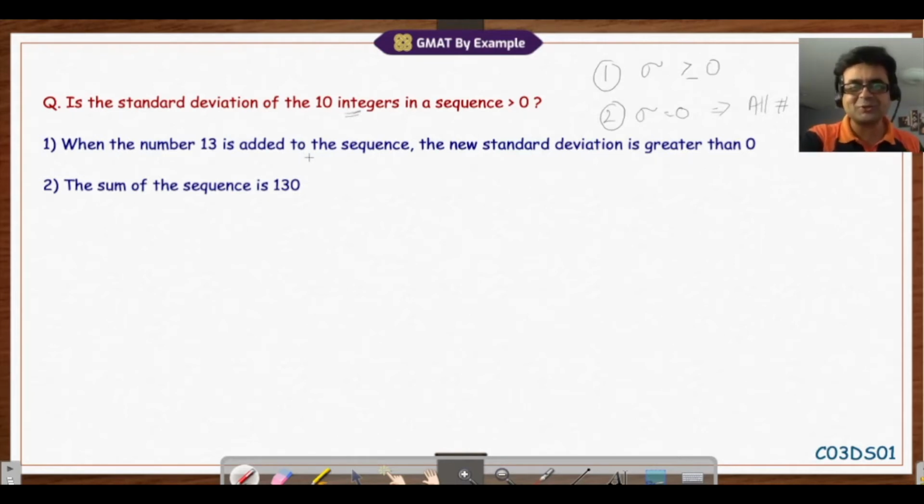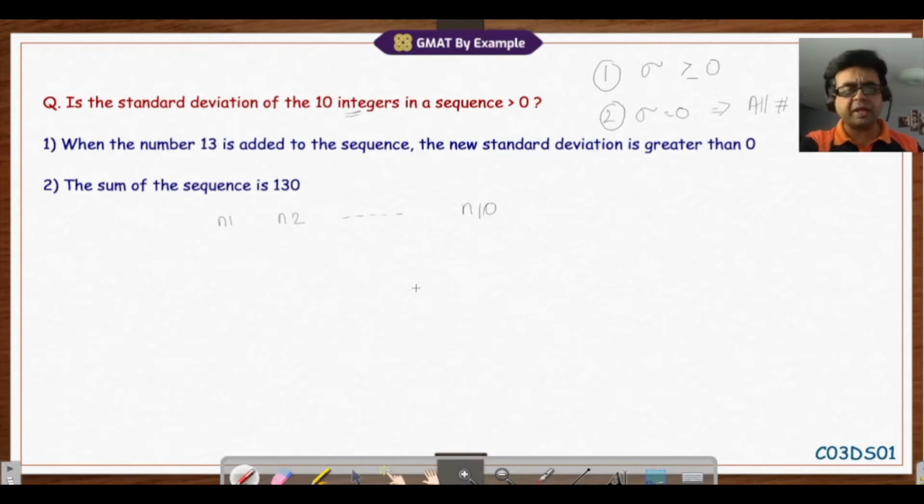All right, so let's start looking at the answer choices. When the number 13 is added to the sequence, the new standard deviation is greater than 0. So let's make a sequence first. Let's say n1, n2, all the way to n10 are our 10 numbers.